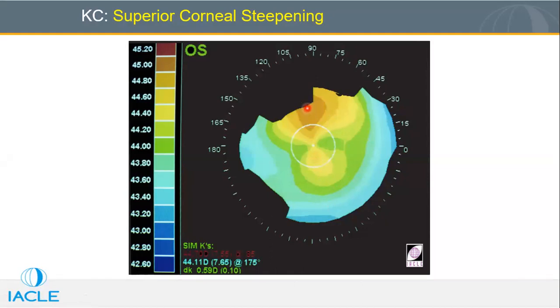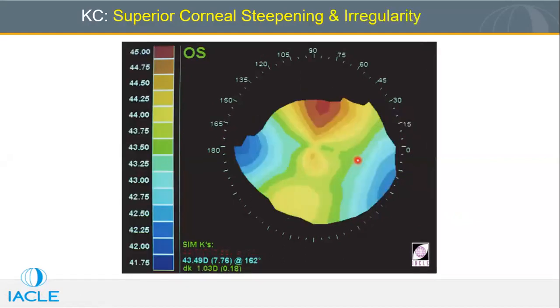The asymmetry is 4 diopters. So any asymmetry of more than 1.5 diopters is very much diagnostic of keratoconus. You do not even have to look at the keratometry reading; this pattern alone can tell you that this cornea is having keratoconus.